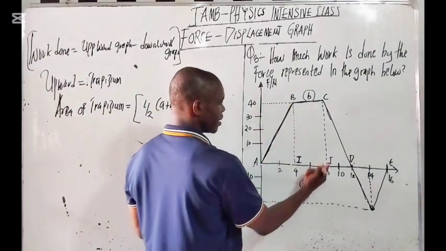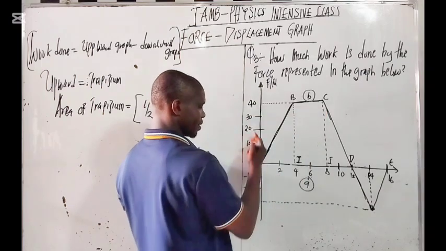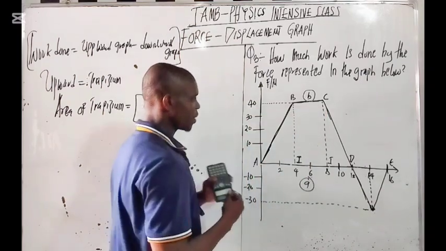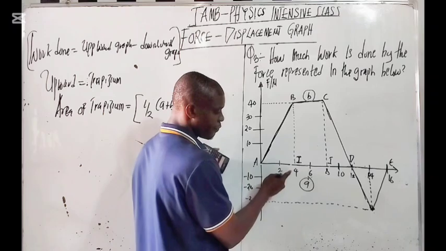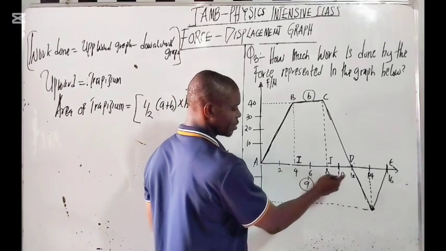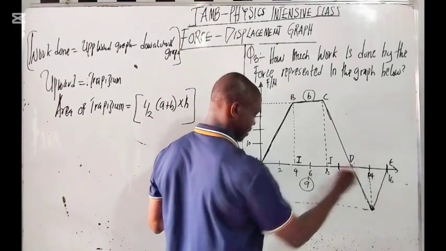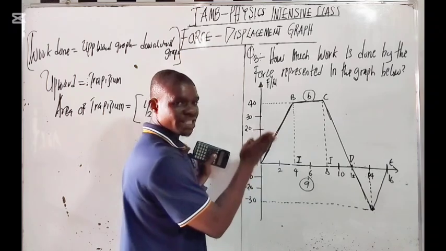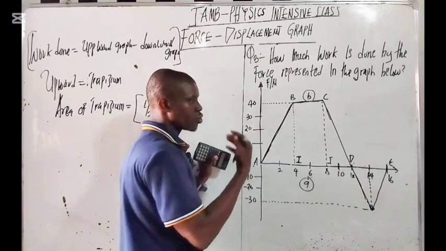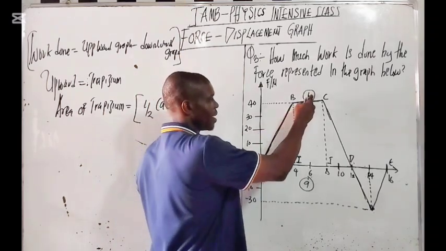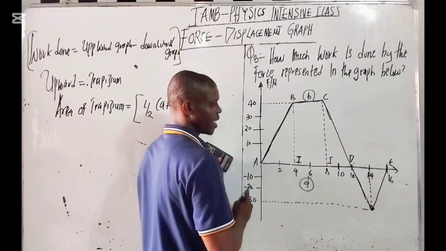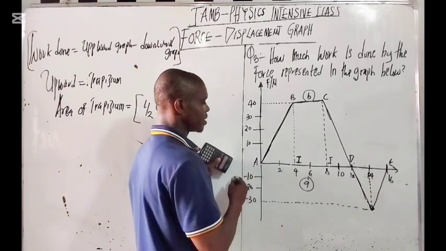On the graph we have 2, 4, 6, 8, 10, 12, 14, 16. Our job is to figure out what B is, what A is, and then the height.